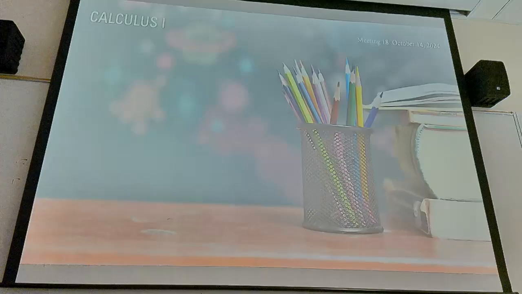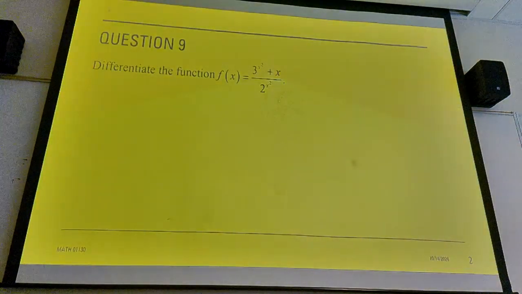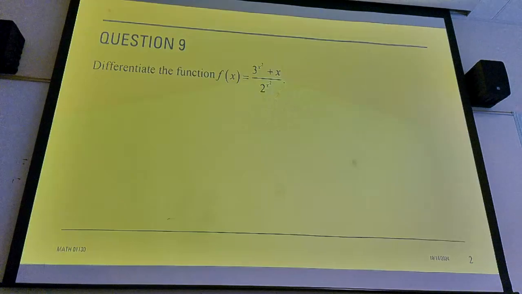We're finishing up with the exponential and logarithmic derivatives, right? So as a reminder, what would that derivative be?